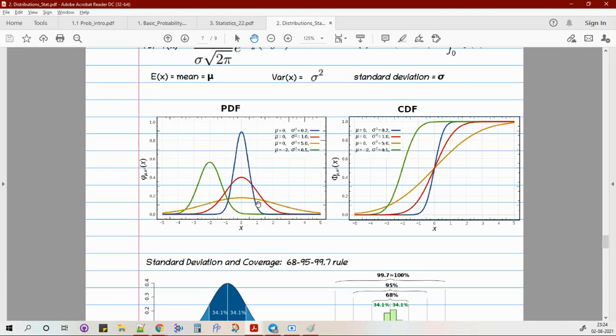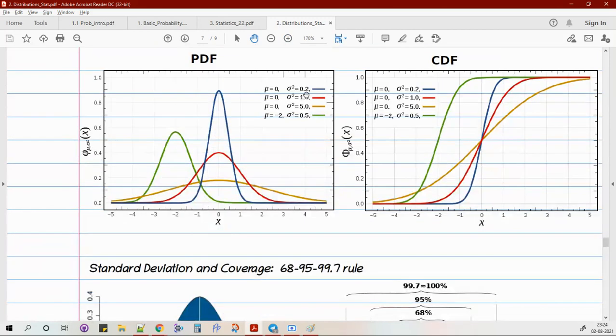And as you move further and further, it depends on sigma or variance. How the tail is distributed, or how it is concentrated around the mean, is defined by variance. So the lower the variance, the more concentrated it is around the mean, right? For the same mean mu equal to 0, we have sigma square equal to 0.2. In this blue curve, all my values are heavily concentrated around the mean.